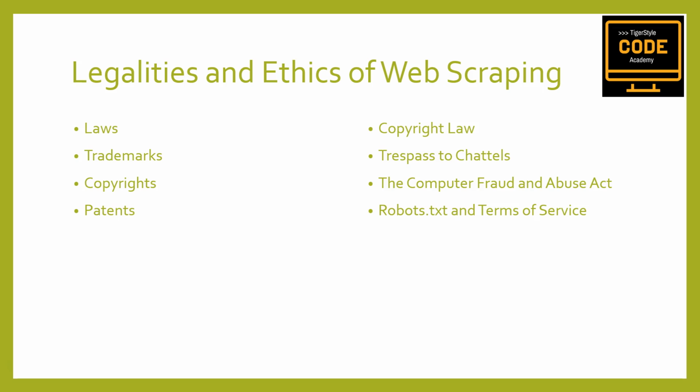There are three basic types of IP, intellectual property. Trademarks, indicated by a TM symbol or a circle with an R in it. Copyright, which is the ubiquitous circle with a C in it. And patents, sometimes indicated by text describing that the invention is patent protected, but often by nothing at all.